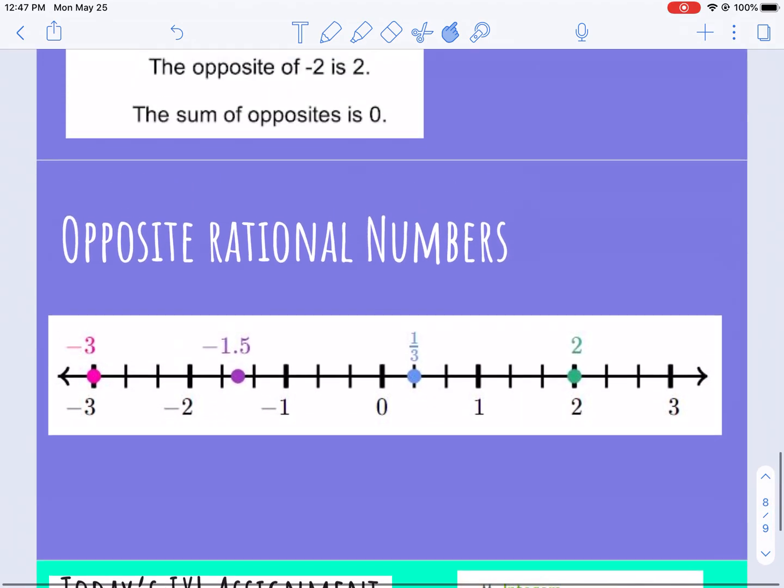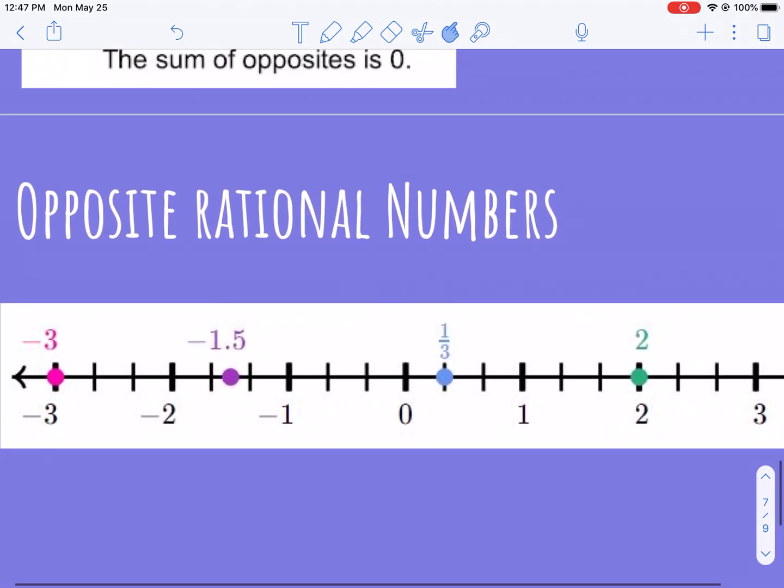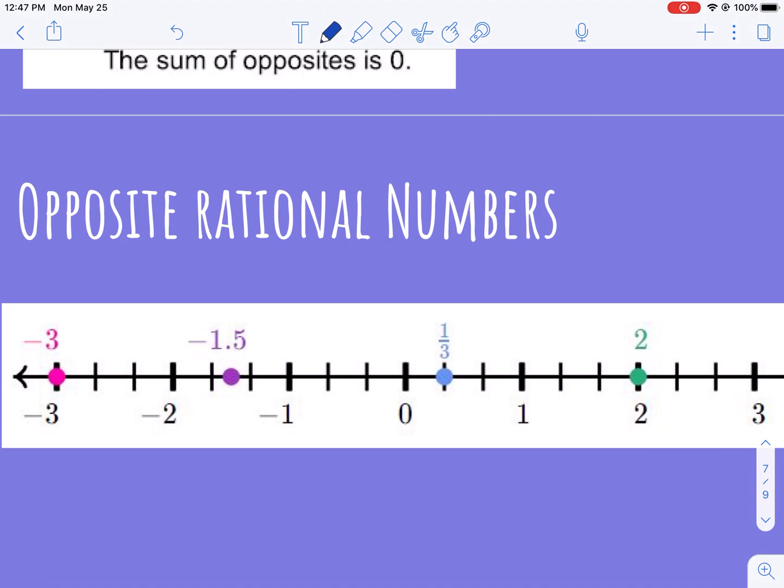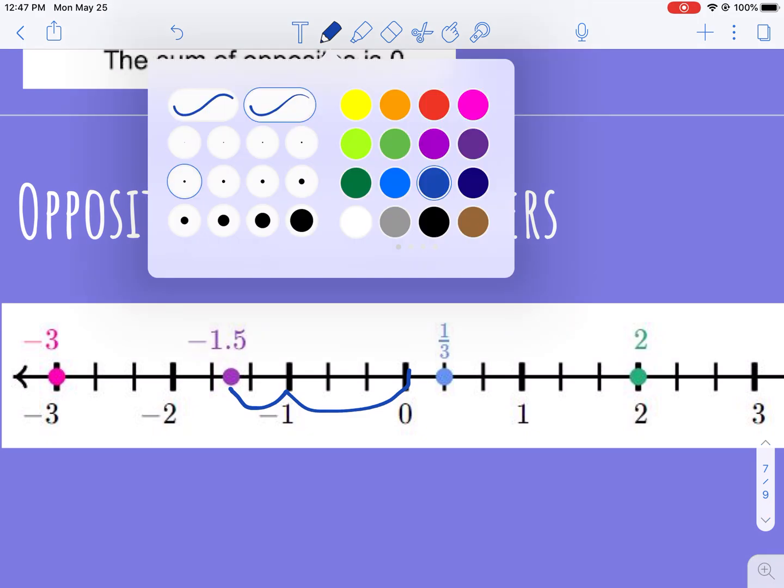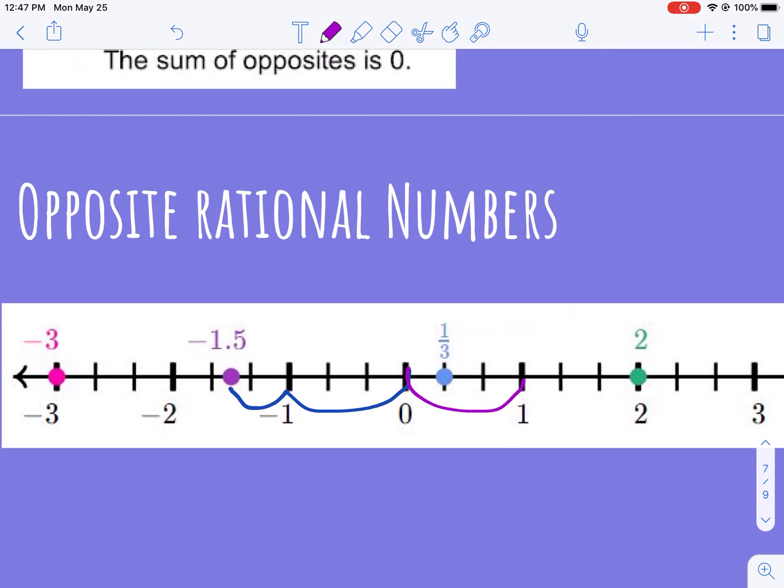Here we have our rational numbers, so the same concept. If I'm looking at -1.5, that is a distance of 1.5 away from 0 to the left. So if I wanted to find its opposite, and I should do this in purple just to kind of match, I would want to go 1, and then I would want to go 1/2.